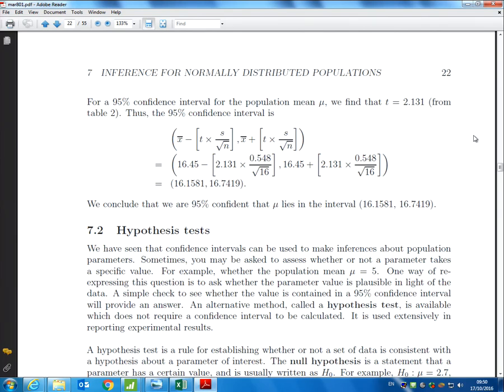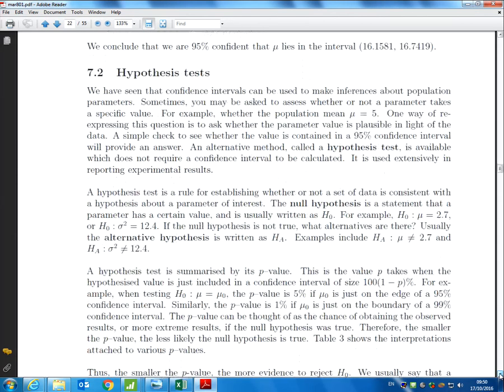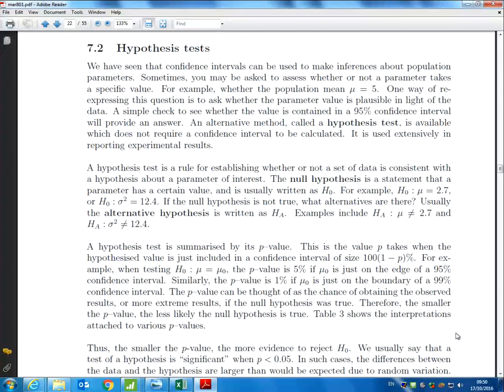So, what about hypothesis tests? Has anyone heard of them? Hypothesis tests or statistical tests? They're actually very closely linked to confidence intervals, as you'll see. Now, again, what I would like you to do, just for the next minute, is read those first two paragraphs.